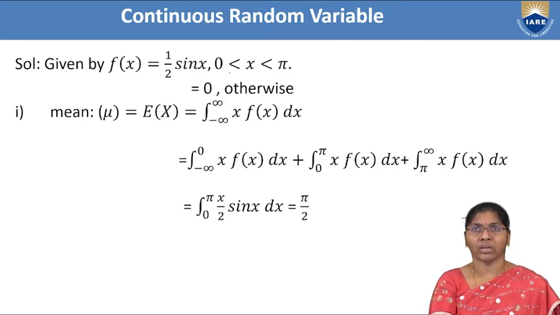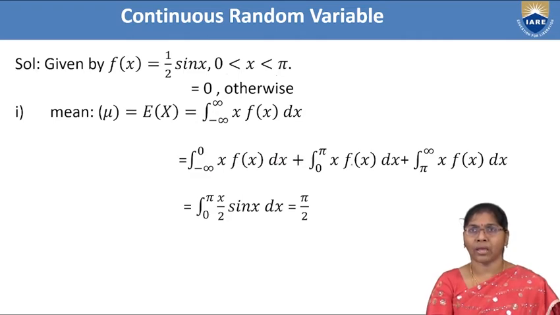But the given function lies between 0 and pi, so this can be split into subparts: integral minus infinity to 0 of x f of x dx plus integral 0 to pi of x f of x dx plus integral pi to infinity of x f of x dx. Here, from 0 to pi the function is sin x by 2, and the remaining all are zeros.